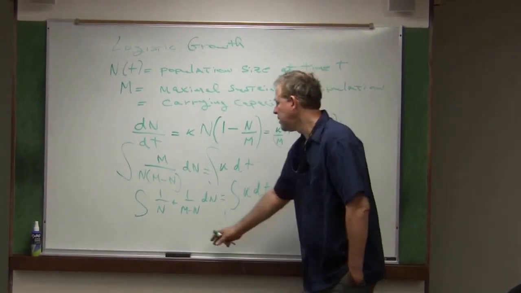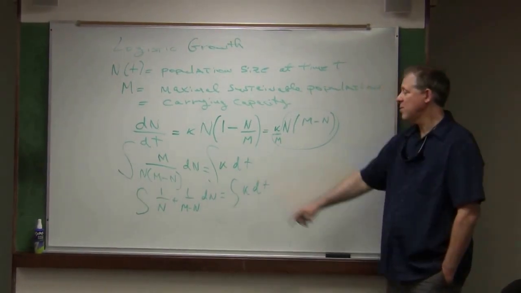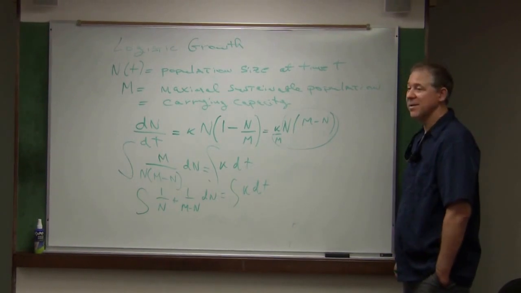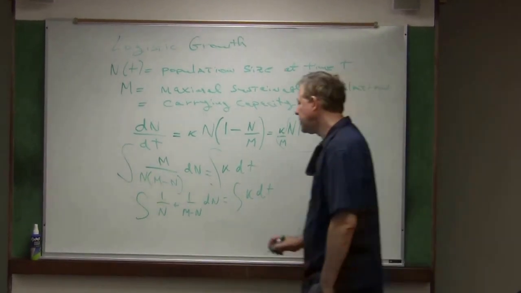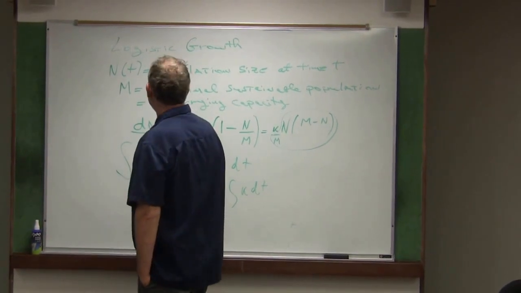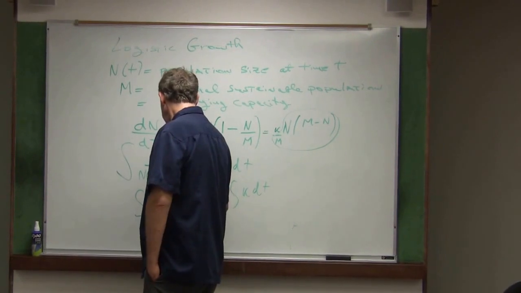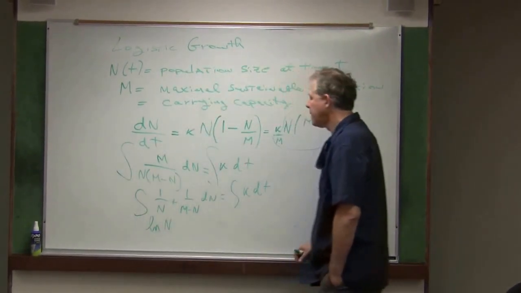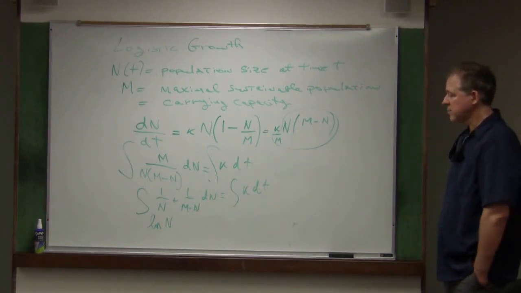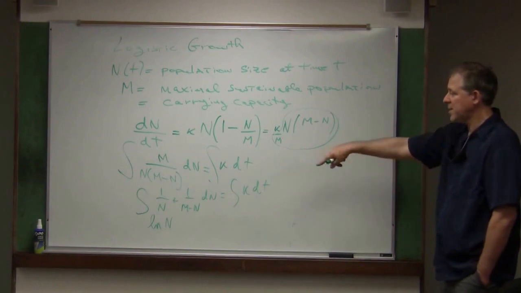Okay, so what happens here? What's the antiderivative of 1 over N dN? It's ln N, since these are going to be positive. What about the antiderivative of the other?